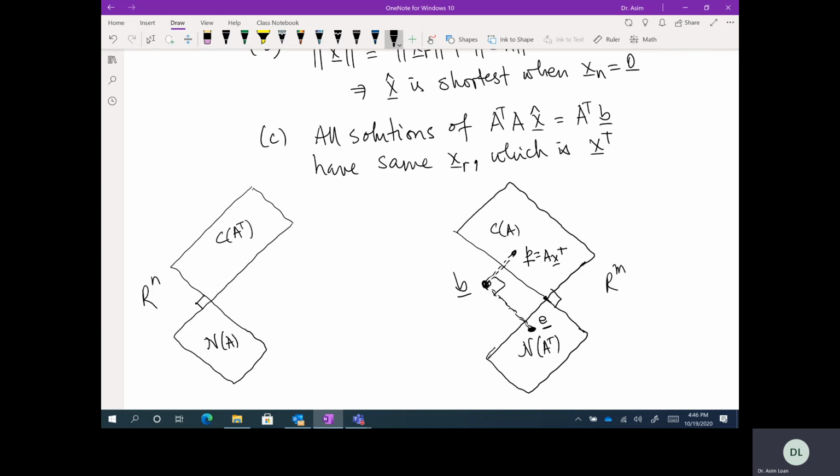There is this x plus here, which is xr. So what happens is this p will go over here.